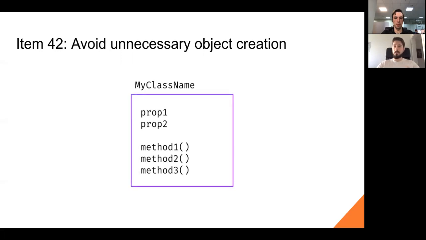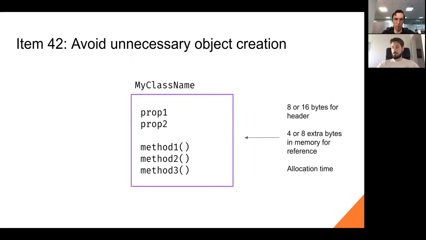So when we take absolutely any object, first of all, we need to understand that it has some very, very small but yet existing costs. Even an empty object has each of them. So every object needs to allocate some space for its header. So it's taking 8 to 16 bytes per header.